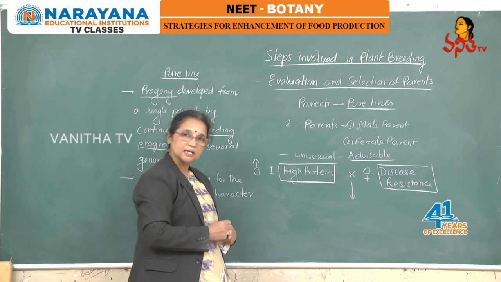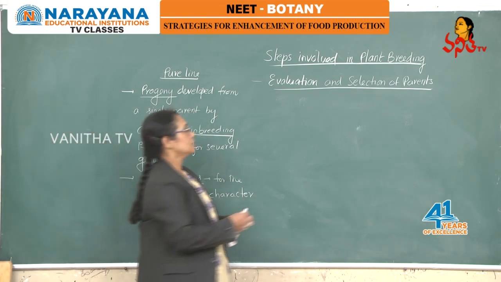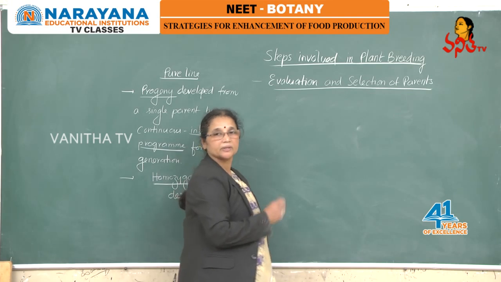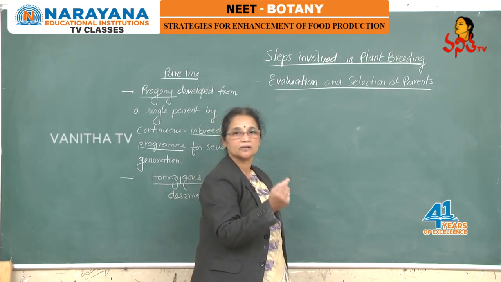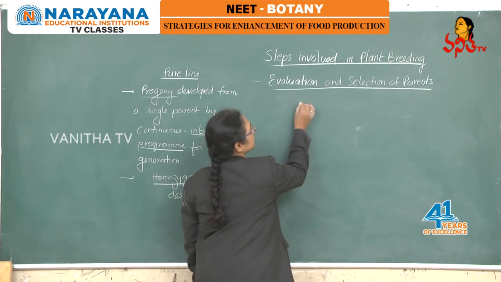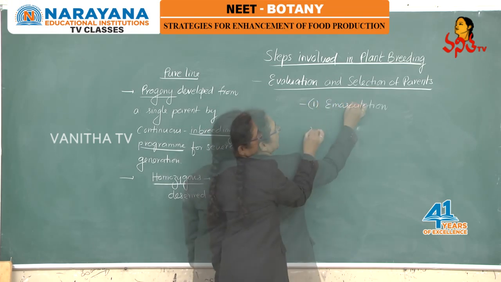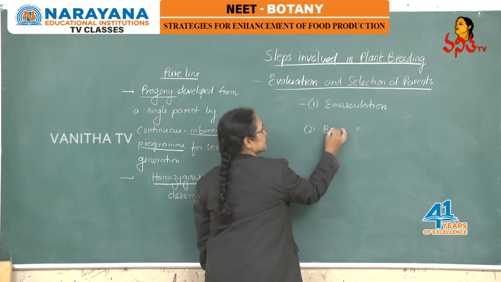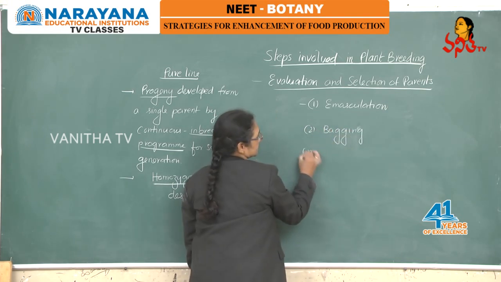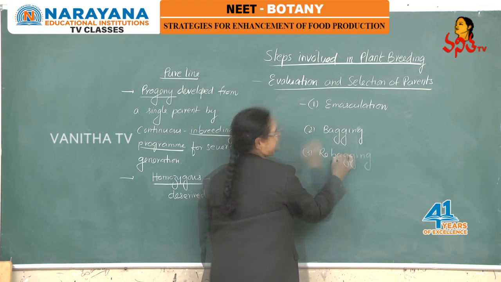What are those 3 steps? This cross hybridization between the two different parents, which are genetically variable, involves mainly 3 steps. What are those? Emasculation, second one is bagging, third one is rebagging.